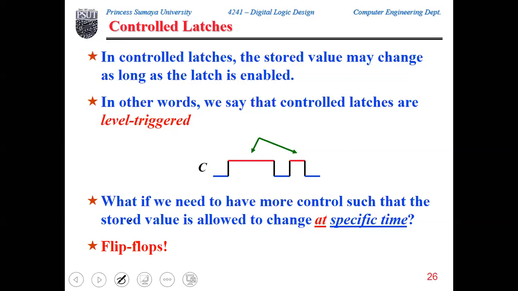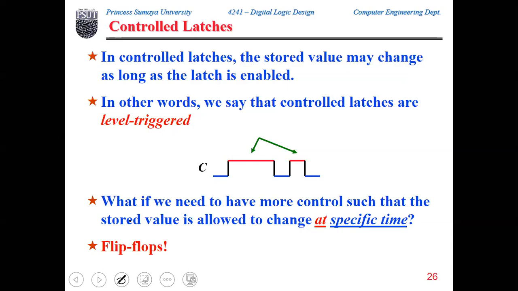So if I tell you that this storage element is allowed to change the stored value at 12 o'clock only, do you care what happens at the inputs at other times? Of course not. You just watch your clock, and when 12 o'clock comes, you look at the inputs and take their values and reflect them on the stored value.